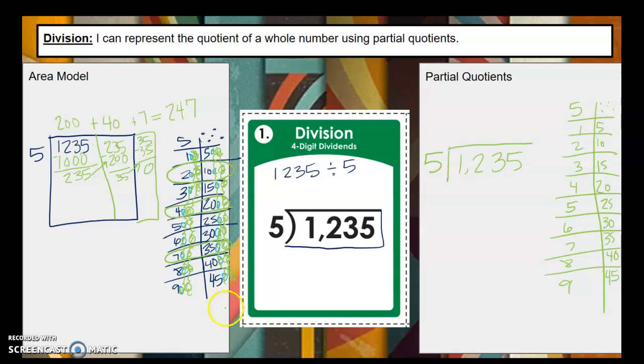Okay, so it's the same thing. I'm looking for 1,235. Remember how we had to add those 2 zeros on? Guess what? We've got to add those 2 zeros on again. All right, so I'm going to go ahead and make it 100 times larger by just adding the 2 zeros.